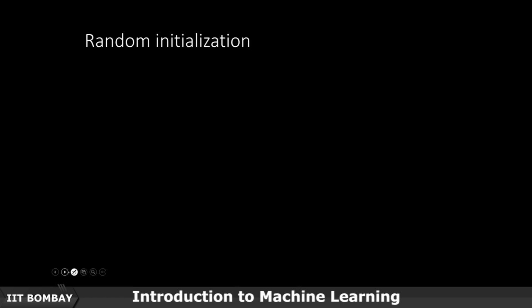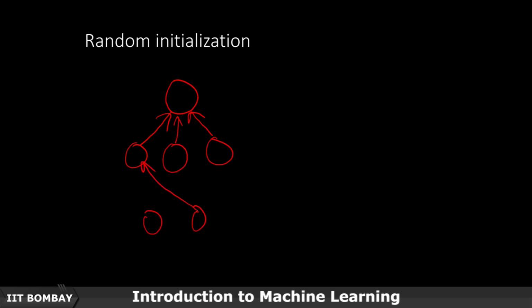Okay. So random initialization could be, let's say you have a neural network, right, and this neural network has these weights and biases. So these are your hidden neurons, and then we have some input neurons that supply input to these neurons, right. So these weights and biases can be randomly initialized.